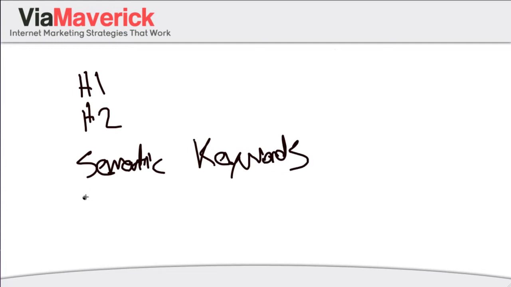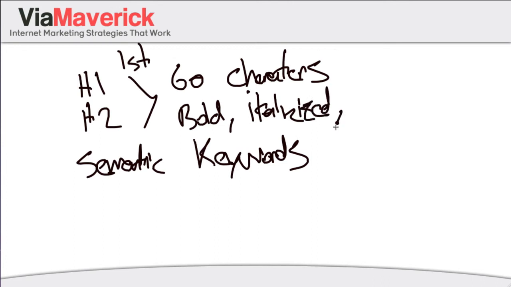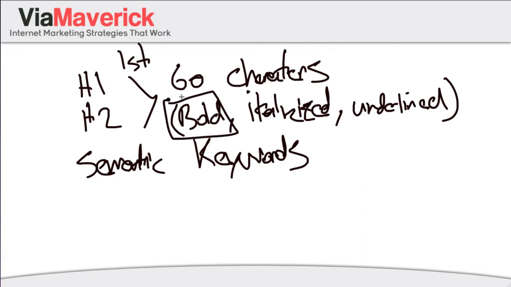Also remember, in the first 60 characters, make sure you have your primary keyword in there, either in bold, italicized, or underlined. The most effective is bold, because that's going to stand out more in search engines. So I would go with bold.